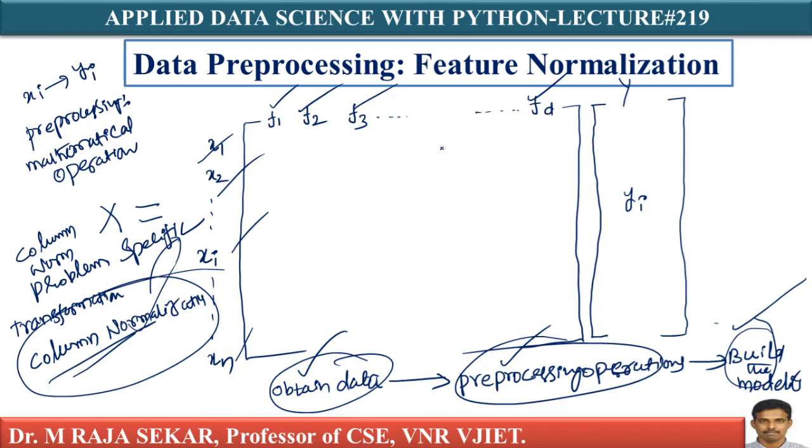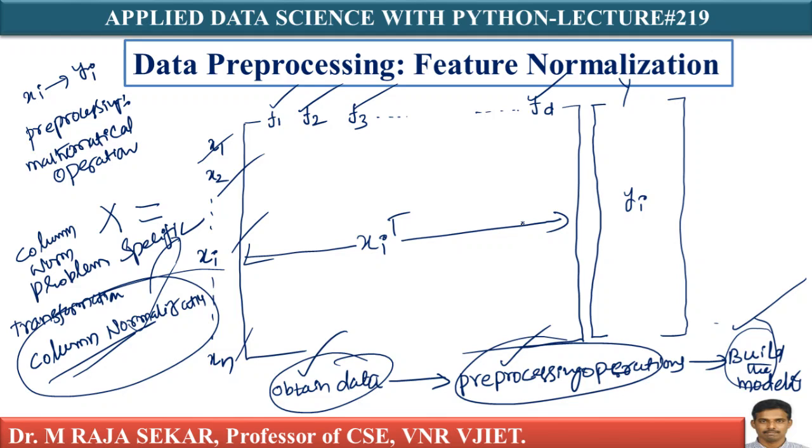Each data point has its corresponding label. I can say this one is xi transpose; as xi is a column vector, xi transpose must be a row vector. It's not a new thing, we discussed this long back.